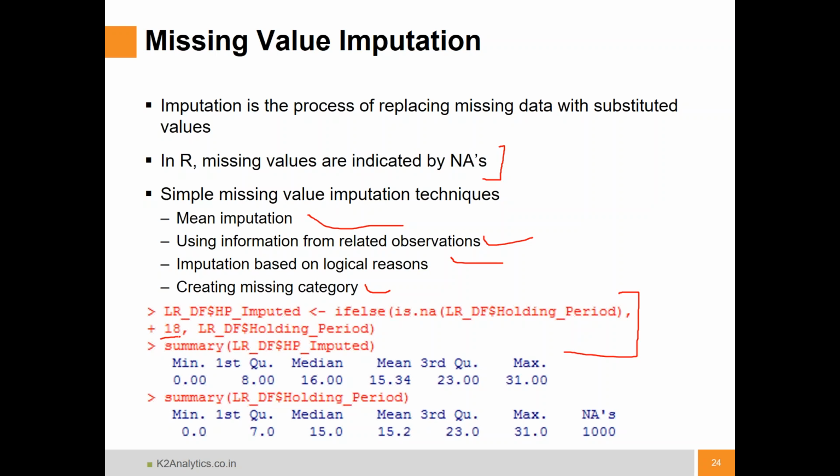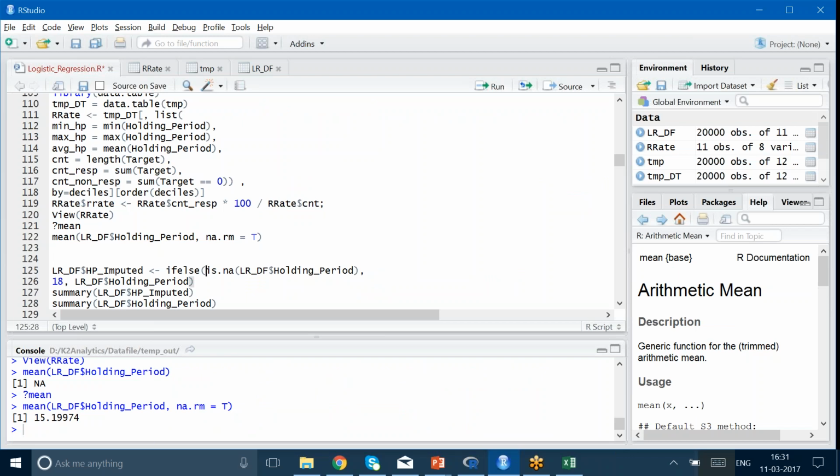So let us run the code. Here is the script. If you see, I've created a new variable. Why? I don't want to corrupt my existing variable. So this is a script for creating the imputed variable.